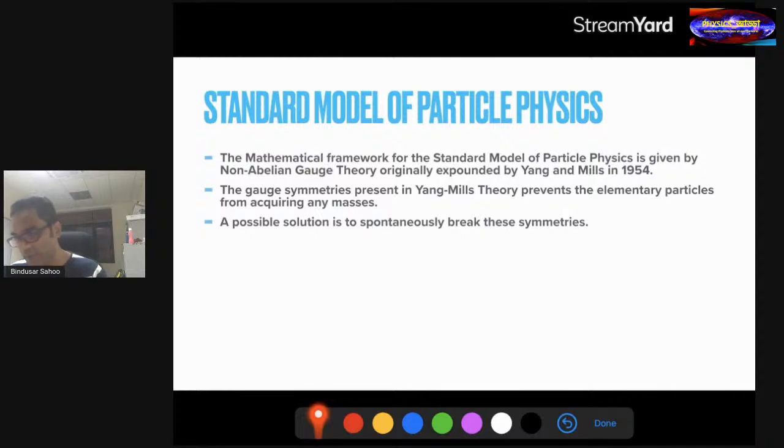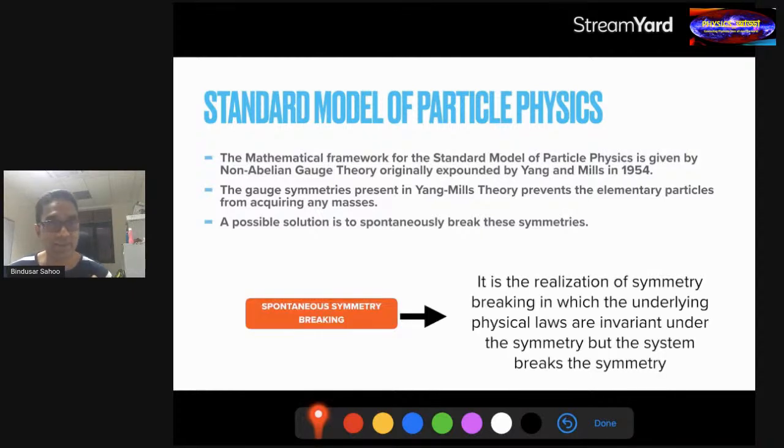So what do I mean by spontaneously breaking the symmetry? Spontaneous symmetry breaking basically means a realization of symmetry breaking in which the underlying physical laws are invariant under the symmetry, but the system breaks the symmetry. For example, take Maxwell's equations, the underlying physical law for electromagnetic theory. These equations are invariant under some symmetries: under Lorentz transformation, and under translation.